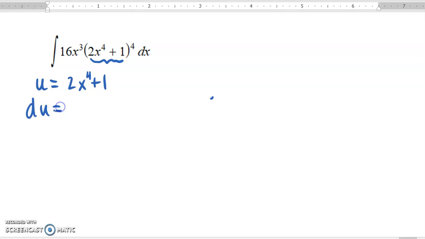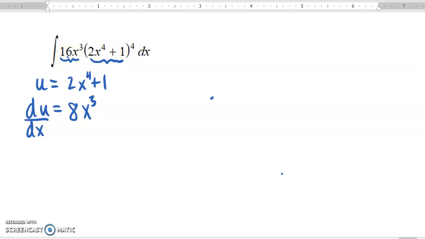Now du, the derivative of u with respect to x, is going to be 8x to the third. Now this is really close to what I want to substitute, but it's not. I need 16.